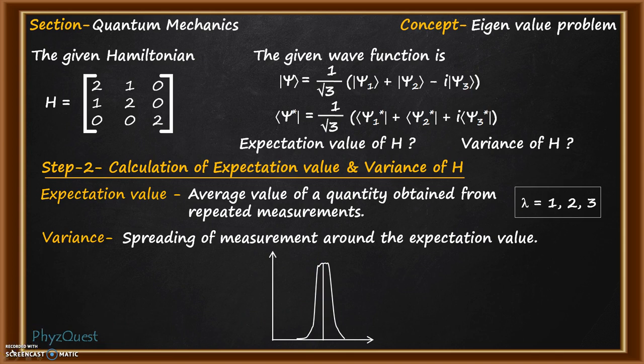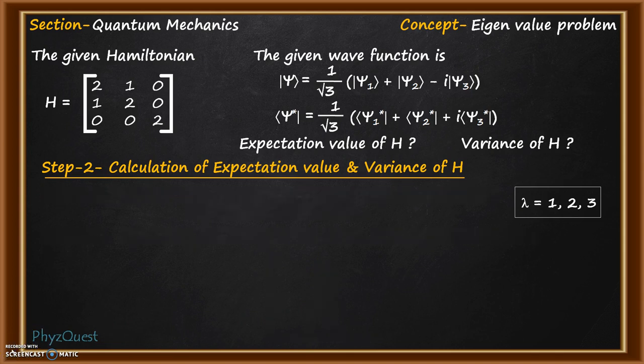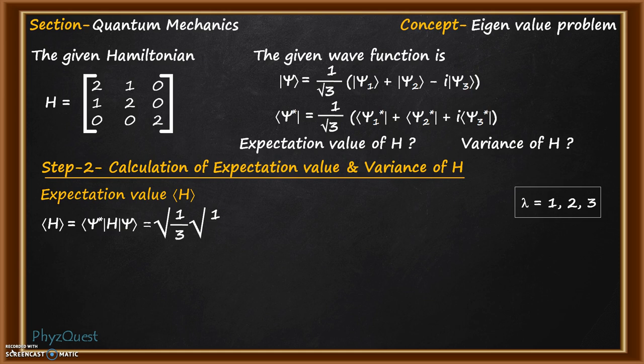Now after this literal meaning, we can move ahead with our calculation. So first of all, the expectation value. To calculate the expectation value of the Hamiltonian, this can be written as psi star H psi, which will be equal to 1 by root 3 into 1 by root 3 [psi 1 star H psi 1 plus psi 2 star H psi 2 minus i into i psi 3 star H psi 3].